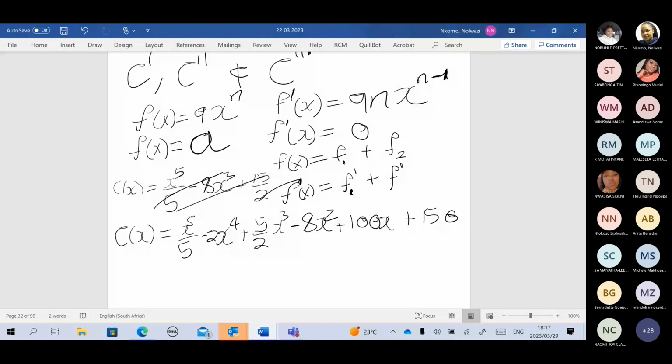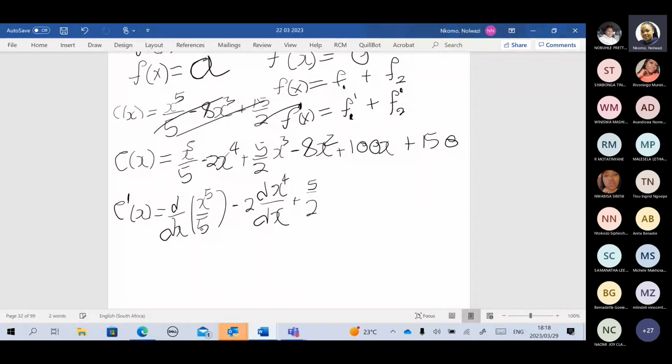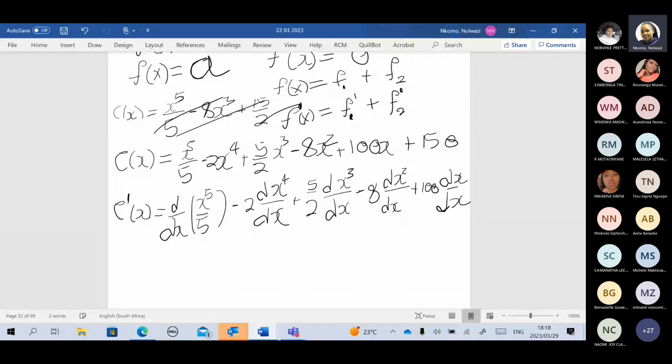C prime of x is equal to the derivative with respect to x of x to the power 5 over 5, minus 2 times the derivative of x to the power 4 with respect to x, plus 5 over 2, the derivative of x to the power 3 with respect to x, minus 8 times the derivative of x squared with respect to x, plus 100 times the derivative of x with respect to x, plus the derivative of 150 with respect to x.